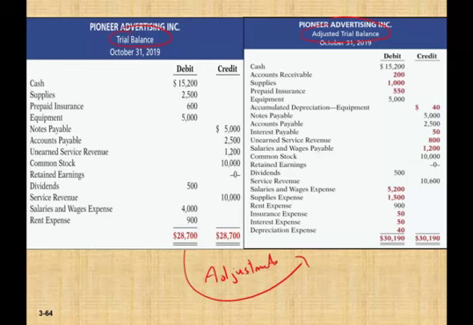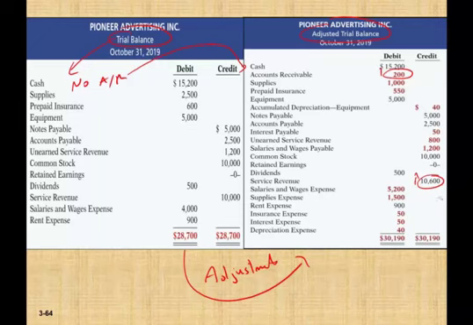I'm not going to go over them, but I'm going to show you, for example, what accounts are affected. Notice here under the regular trial balance, there was no accounts receivable. Under the adjusted trial balance, we now have 200 in accounts receivable because we completed 200 worth of work. And if you remember, we debited receivable and we credited revenue. So we increased receivable and we increased revenue.